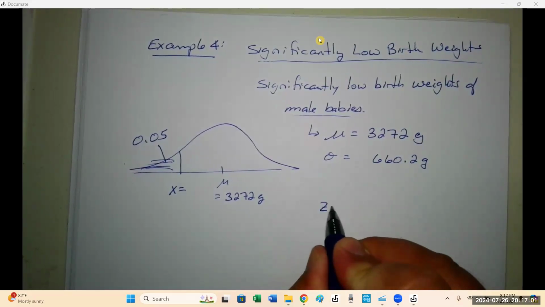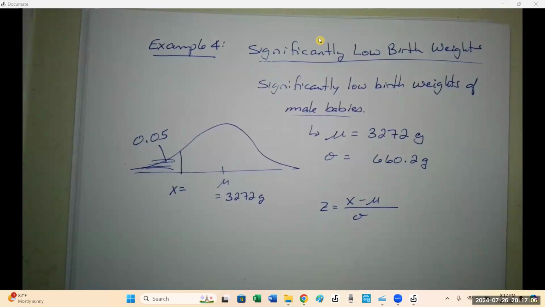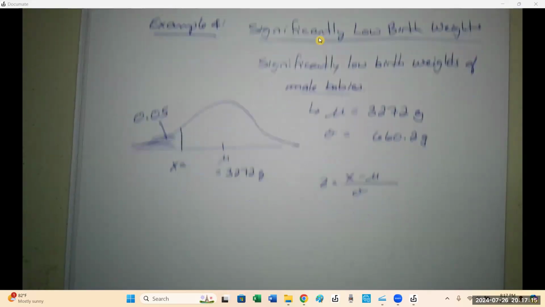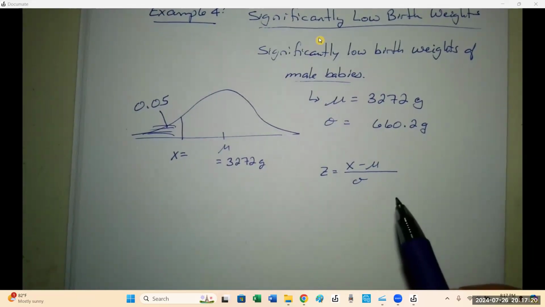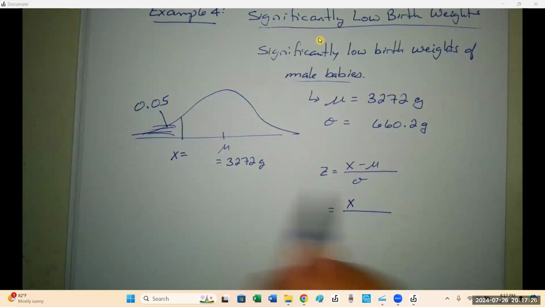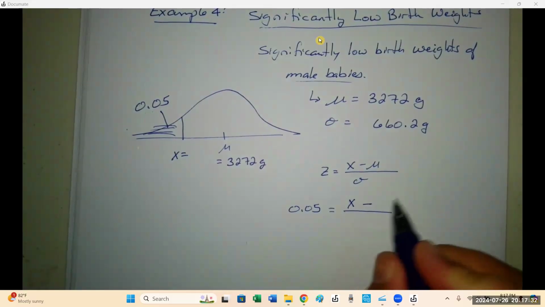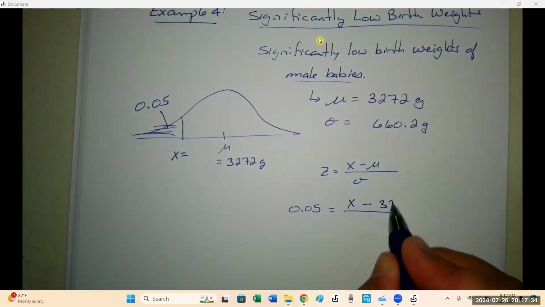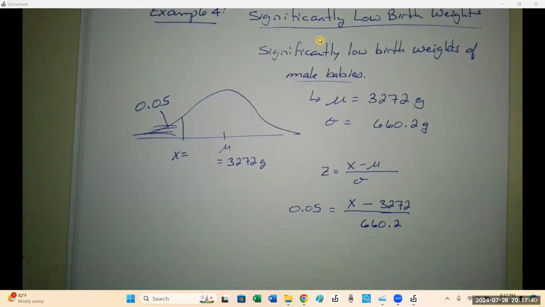So using our formula, X minus mu over rho, plug in what we know. We're solving for X. The mu is 3272 grams over 660.2.